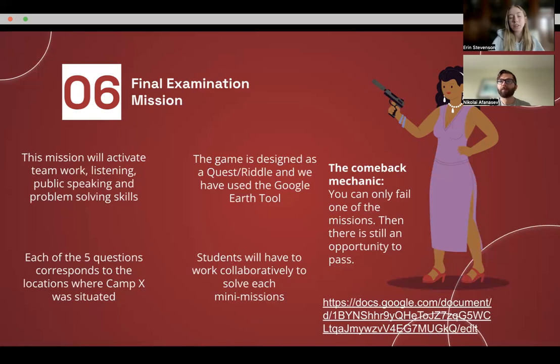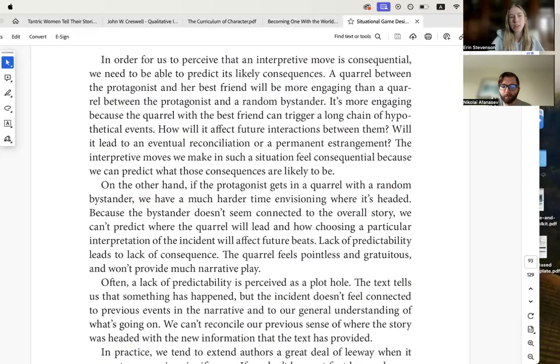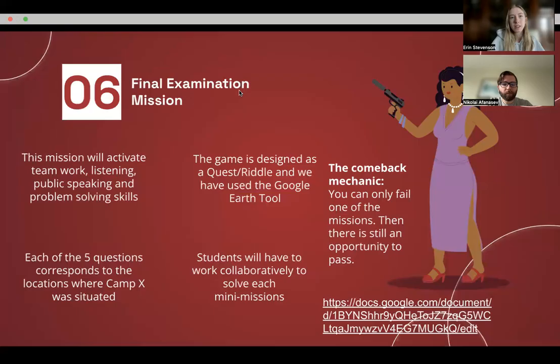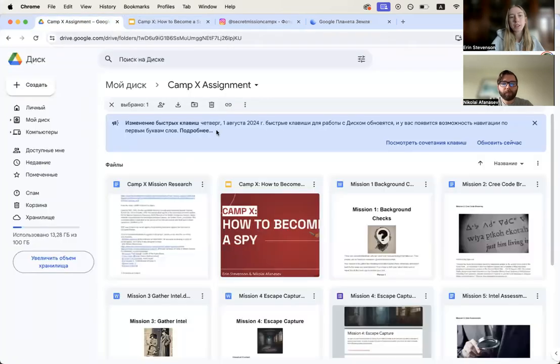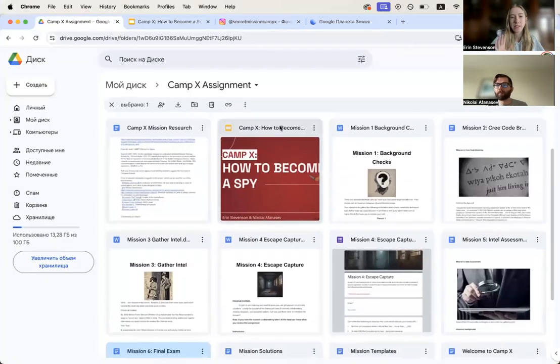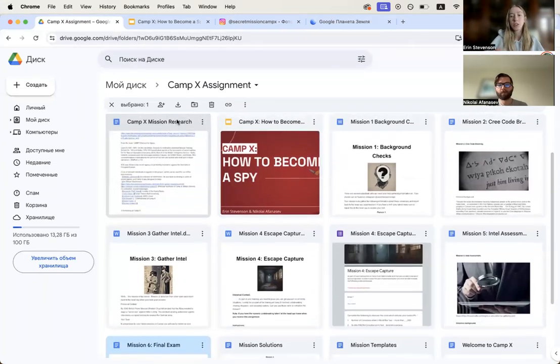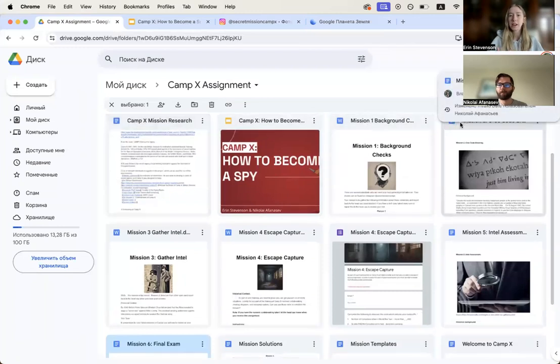Just to quickly show you all basically what all these documents look like. Right, just quickly show the Google Drive. So basically, here are all the different documents. There are documents for each of the missions on the student side, the player side.